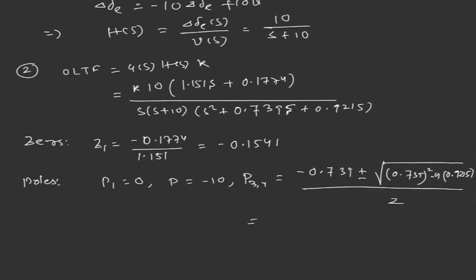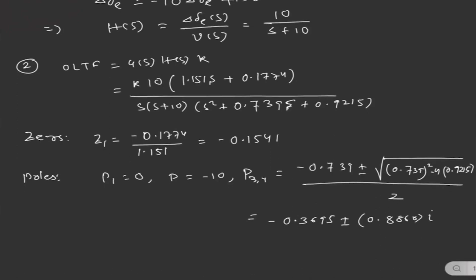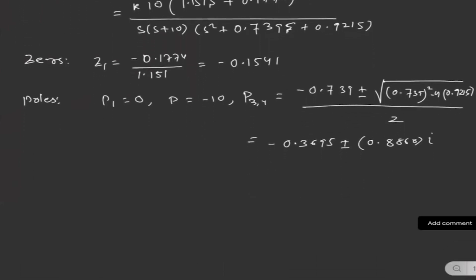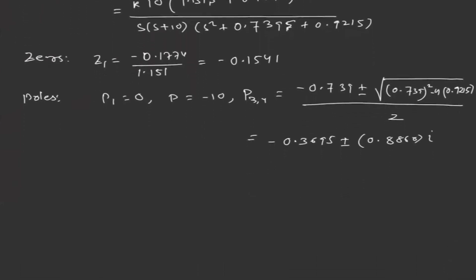So it comes out to be minus 0.3695 plus minus 0.8860 i. So we have complex conjugate roots. Now if you notice, the number of poles n equals 4 and the number of zeros m equals 1, and n minus m equals 3.